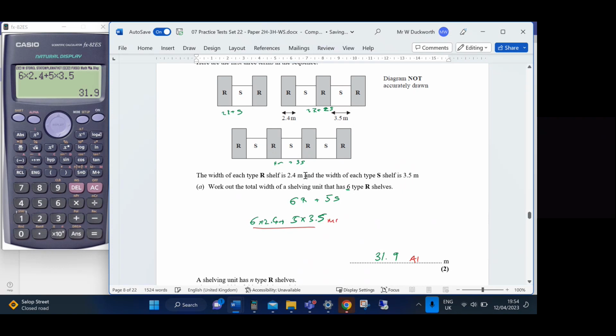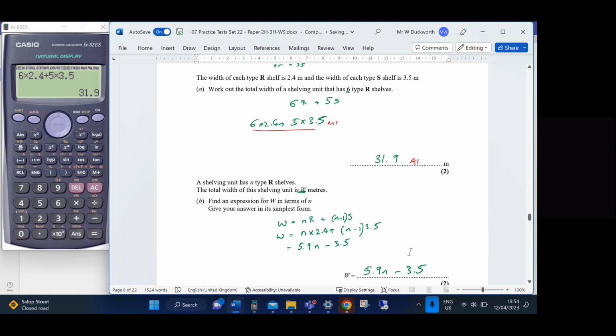And then for part B, we are looking at M1 for 2.4N plus 3.5N or 5.9N seen. Okay, so let's work backwards: A1 there, and M1 there.